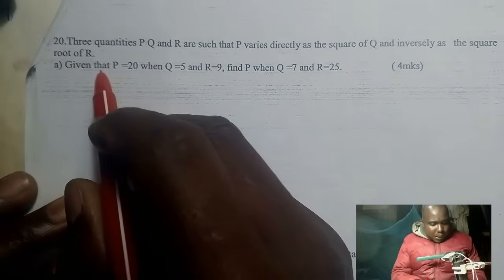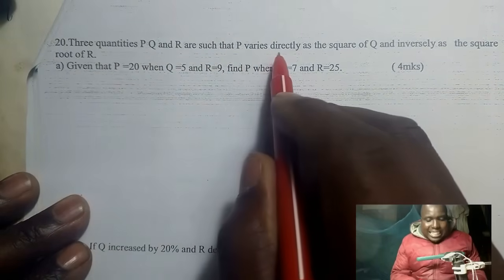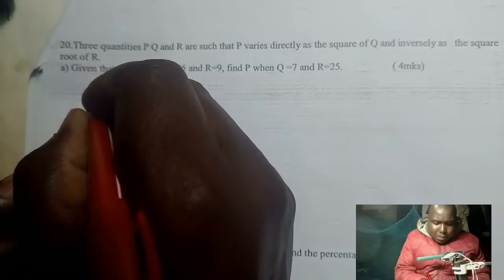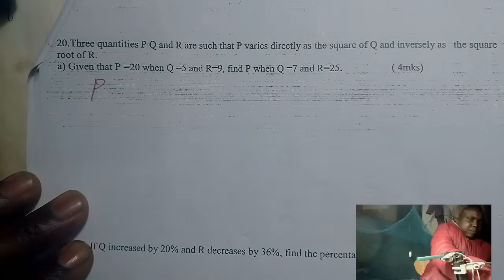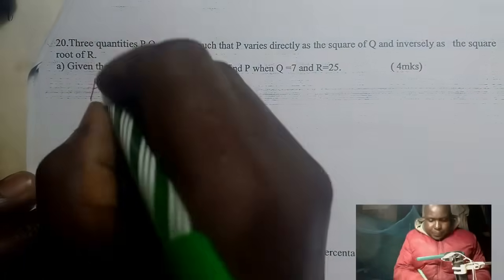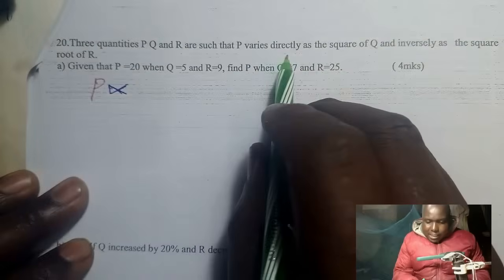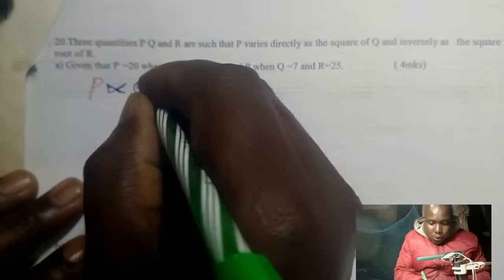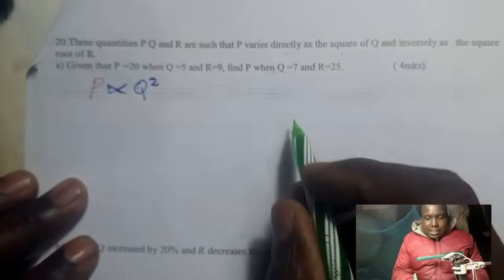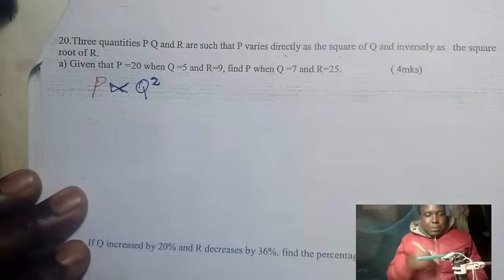So three quantities P, Q, R are such that P varies directly as the square of Q. So directly as Q square, because that is a direct variation.